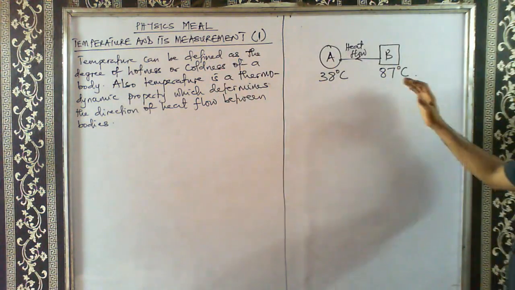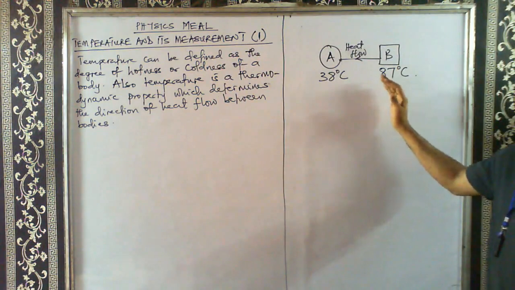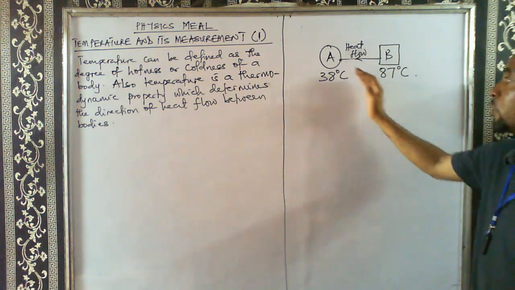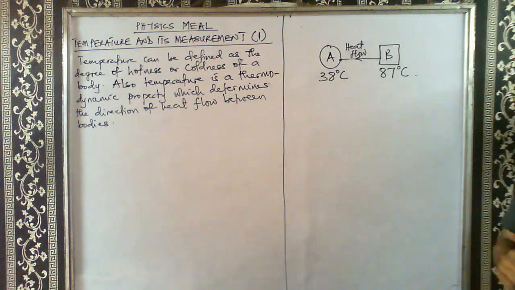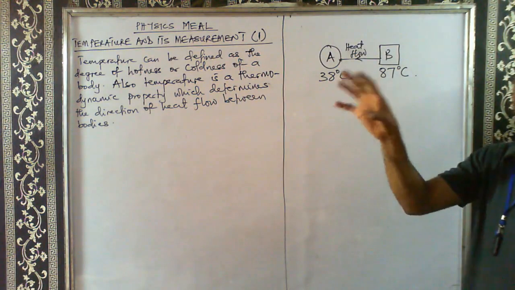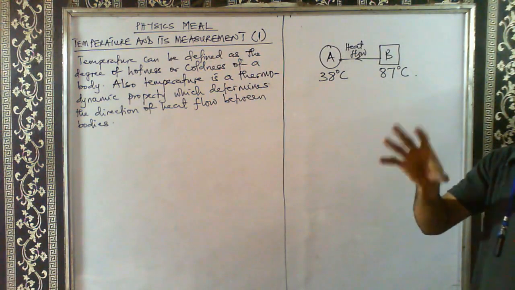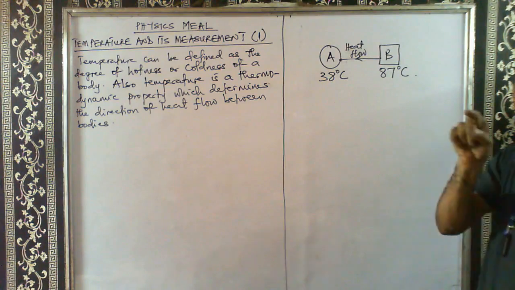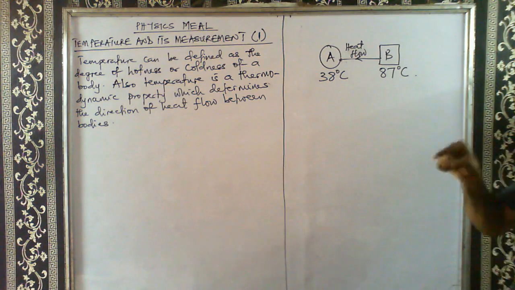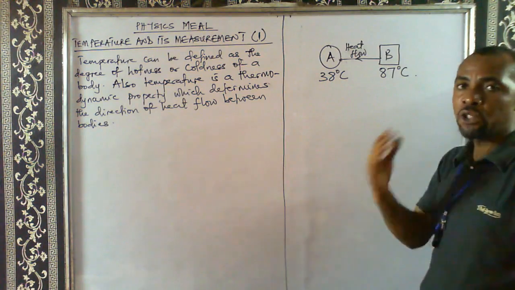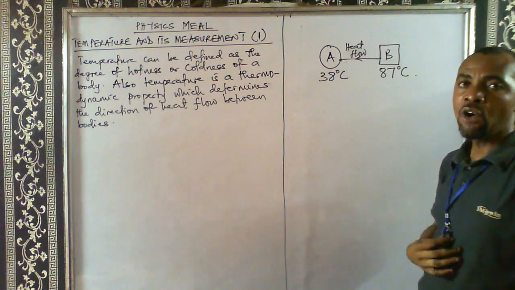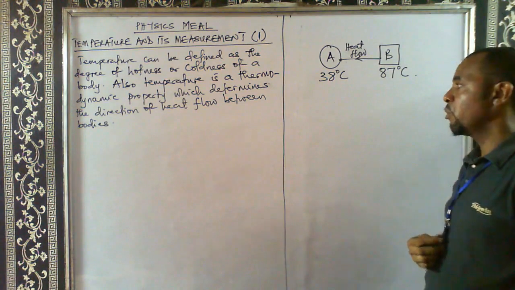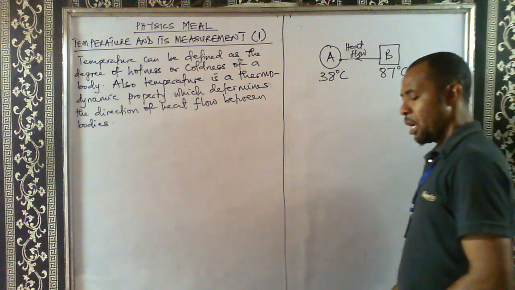Because we have seen that heat will always flow from a body of higher temperature to a body of lower temperature. So once you indicate the temperatures of two different bodies, you can actually know the direction of heat flow, because you can see the temperatures. So it is the temperature of the body that shows us the direction of heat flow. Okay. All right.